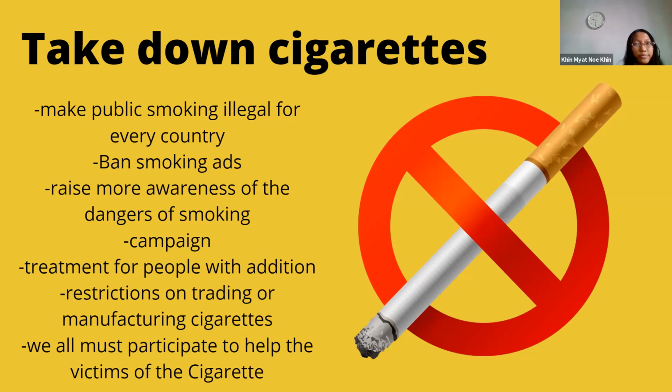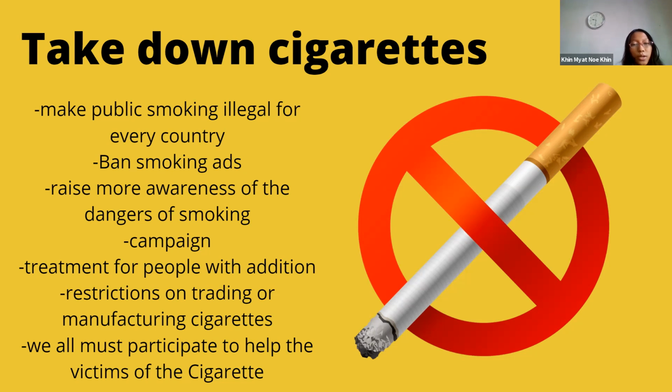So what can we do? We can do these things to take down cigarettes. We can make some smoke-free spaces, and we must ban advertising, which has a huge impact on consumers. The government must raise awareness of the health risks associated with smoking. Do some campaigns.